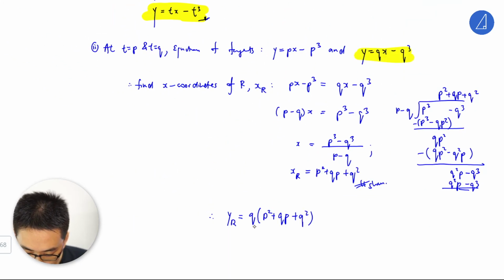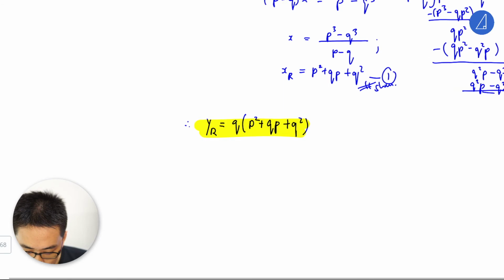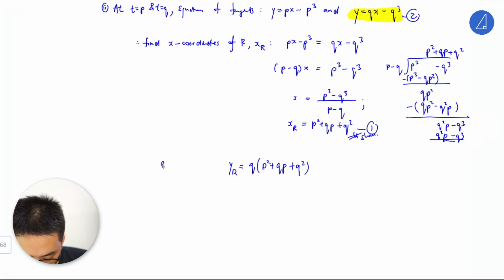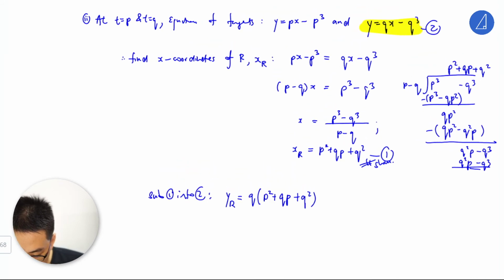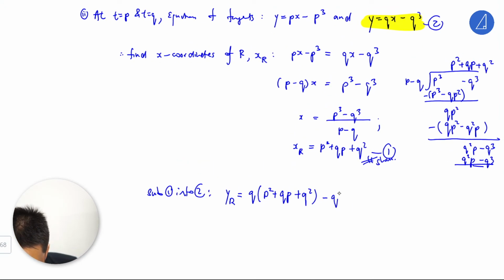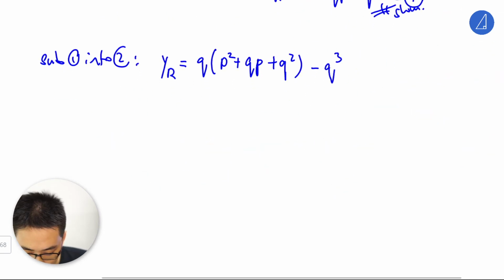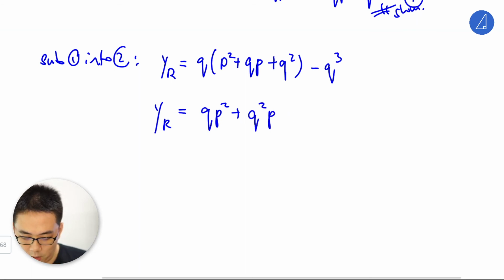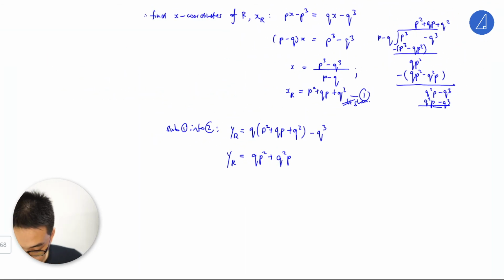I substitute it into this one. So maybe I just put this one. Either one is fine, sub 1 and 2. Then there will be minus Q cube. There you go. This is YR.